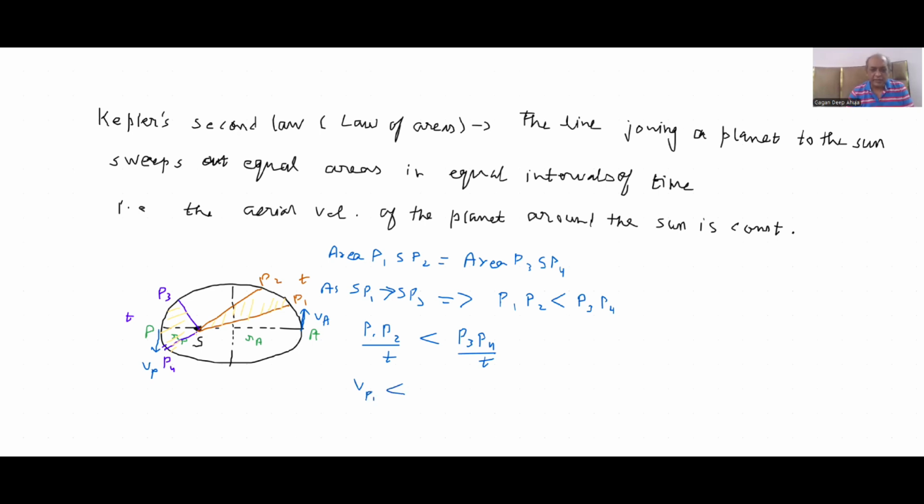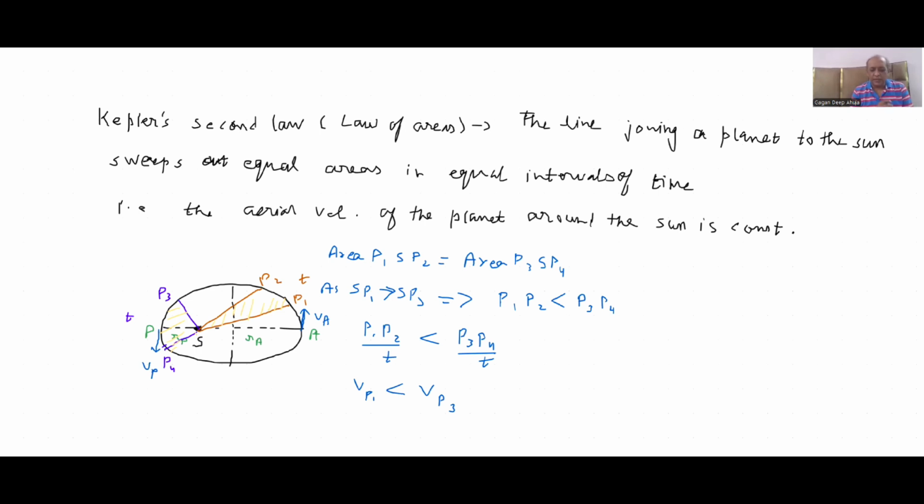So the linear speed at P1 will be less than the linear speed at P3. From this, we can conclude that the linear speed of the planet when it is closer to the sun will be more than when it is away from the sun. So the linear speed is going to vary.